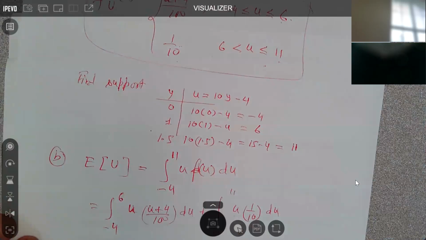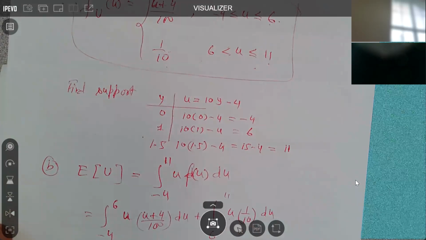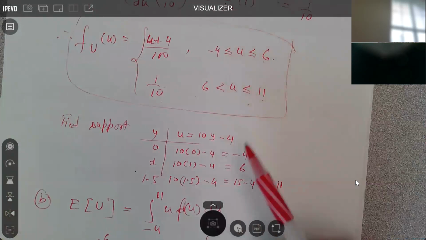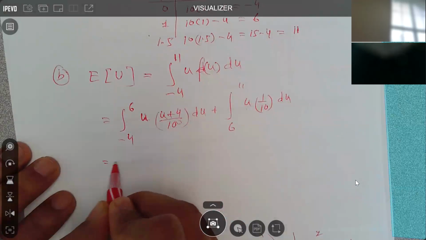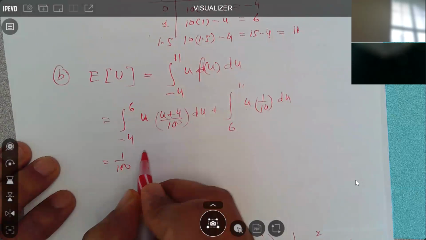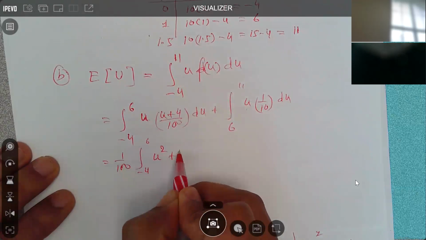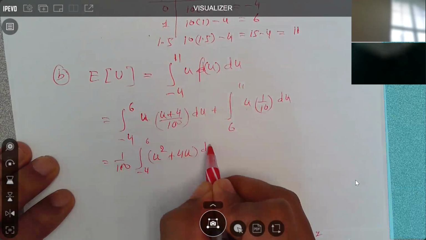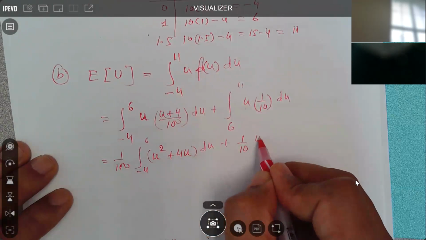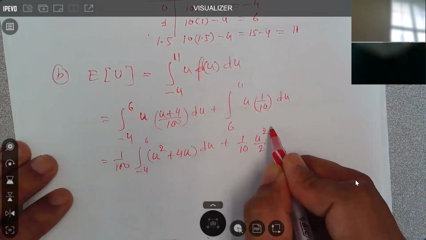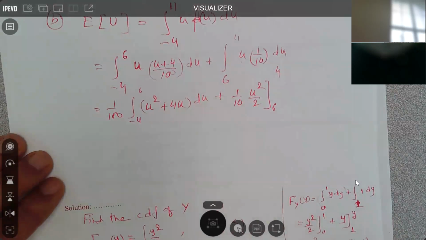Do you get this part here? If you understand this one, then this is equal to 1/100 times the integration from -4 to 6 of (u square plus 4u) du, plus 1/10 times u square over 2 from 6 to 11.